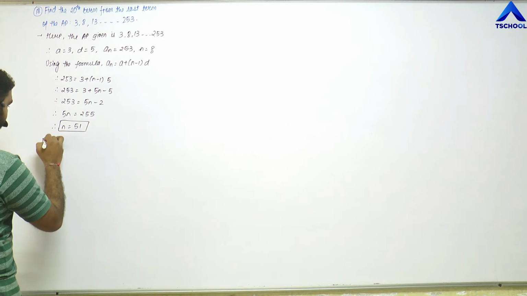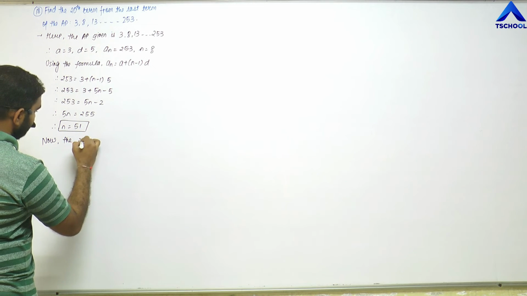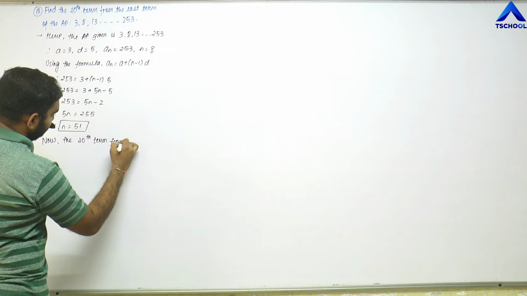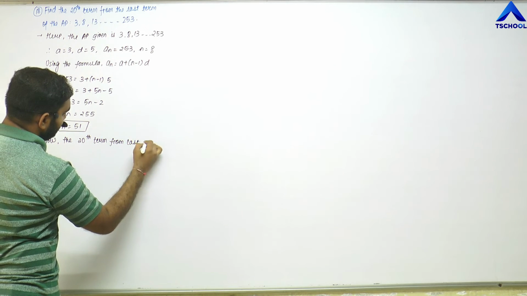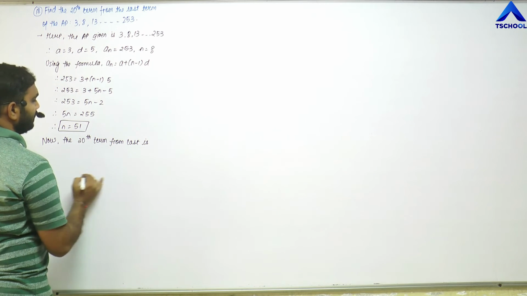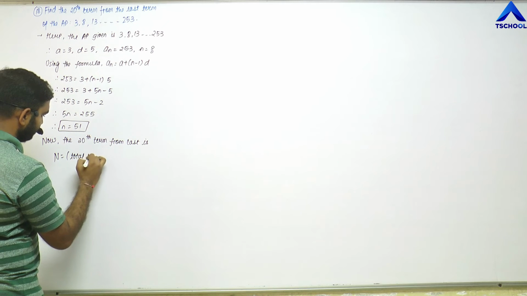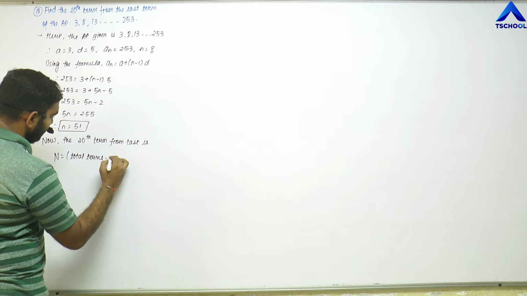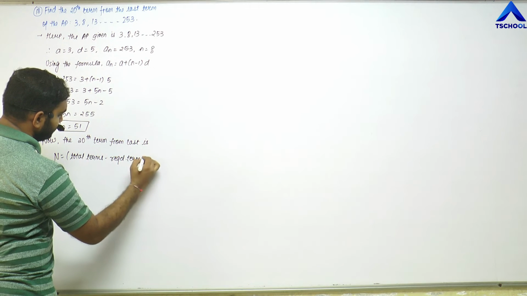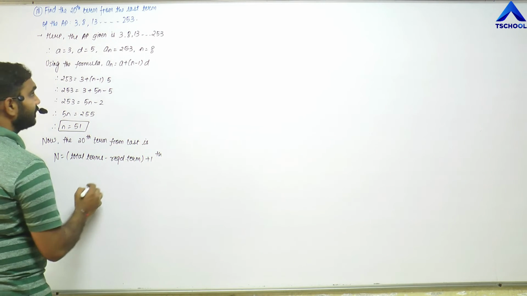Now the 20th term from last is equal to, N equal to total terms minus required term plus 1th term from first.